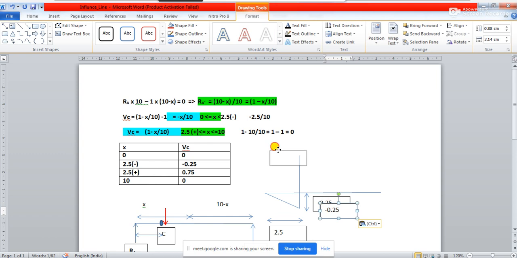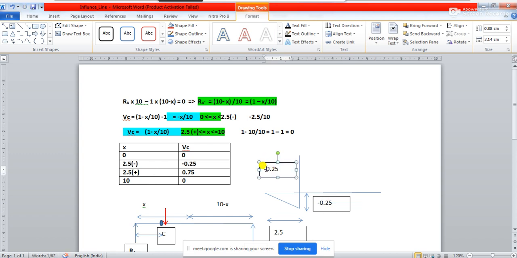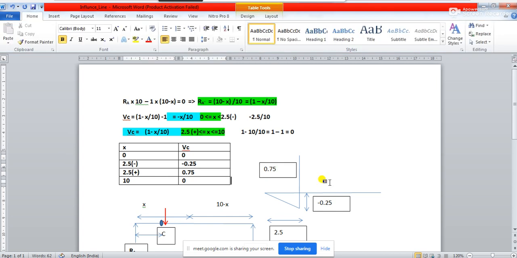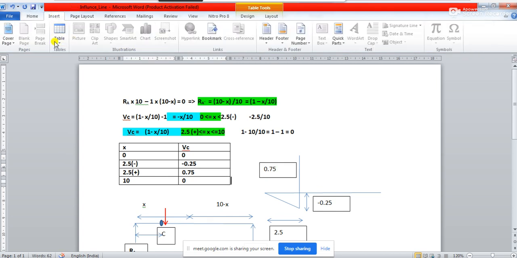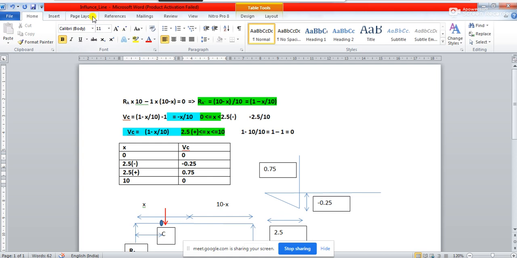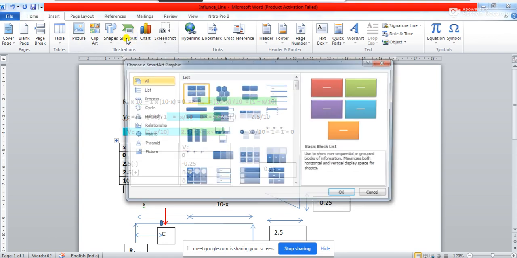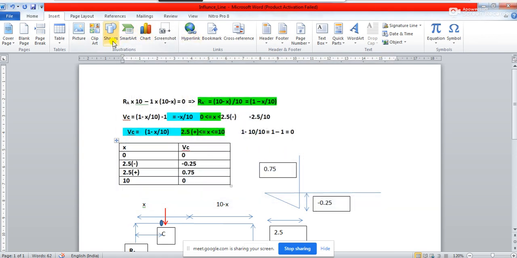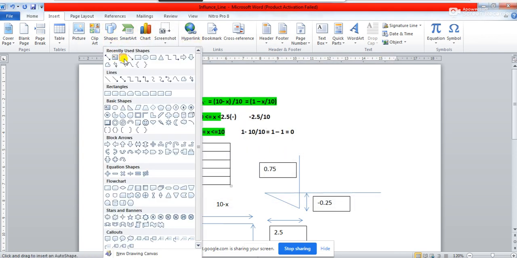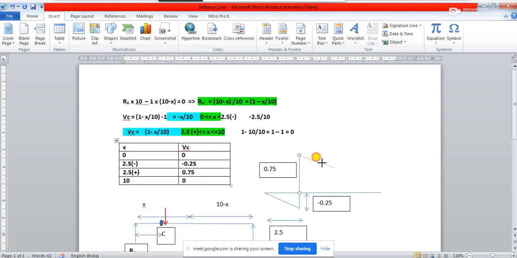So this value is going to be 0.75, and if you join it with this straight line from here to here, see at x equal to 10, how much is the value?